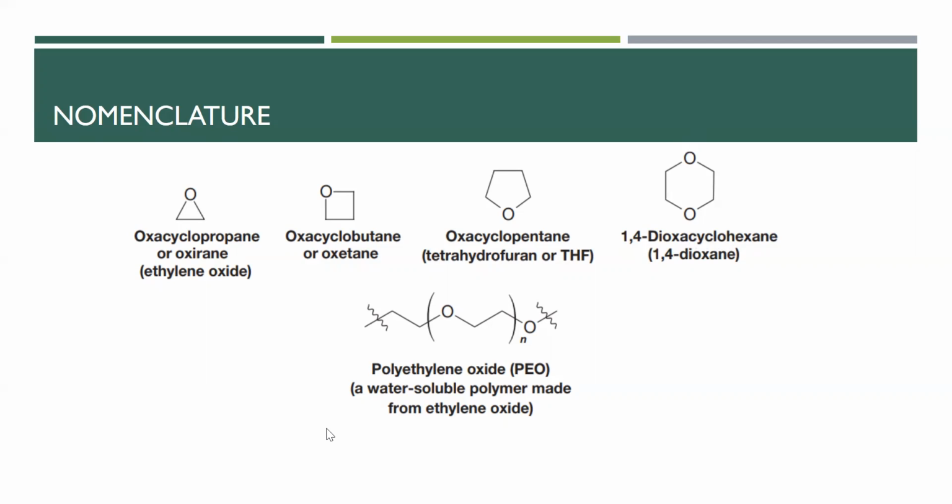dioxacyclohexane. Okay, and here you have your polyethylene oxide. You have your 1, 2 ethylene, polyethylene, but there's an oxygen here. You can also call this one an oxide. So like this one, you have your ethylene oxide, ethylene, and you have your oxide here.